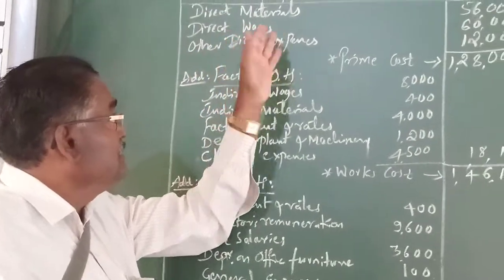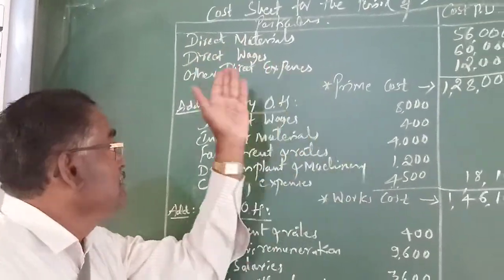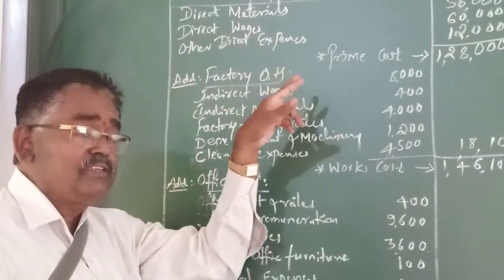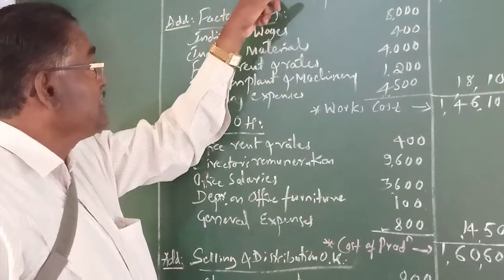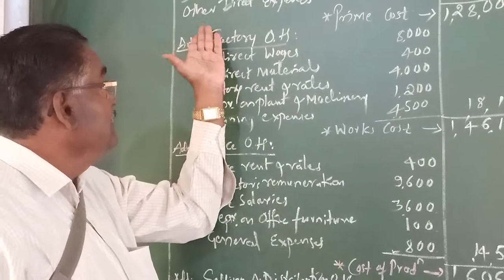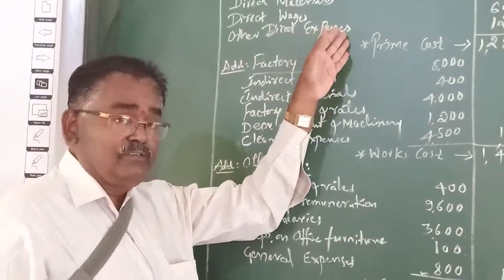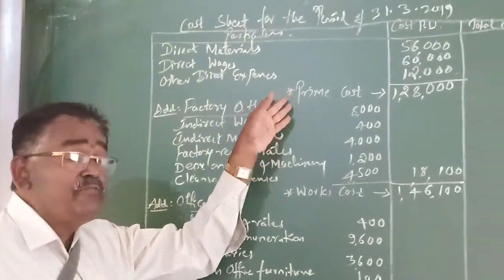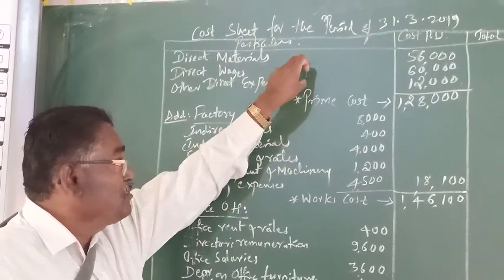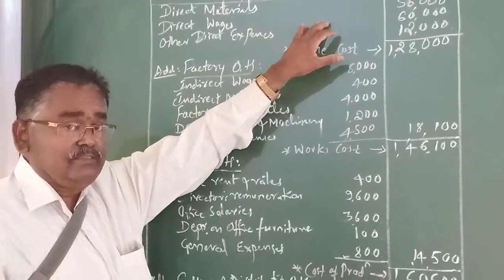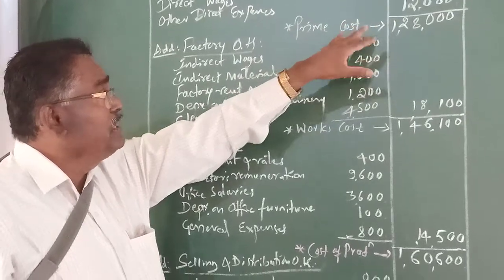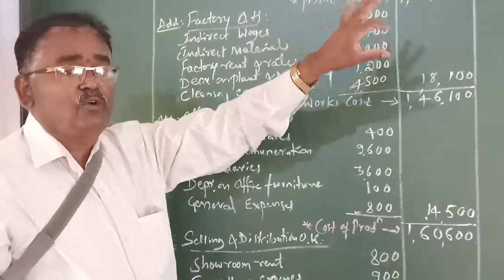But in this case, the direct materials are given. Direct wages means the productive, manufacturing wages given in this case. Then other direct expenses are the expenses incurred for manufacturing, that is production. All these three items together are called prime cost.